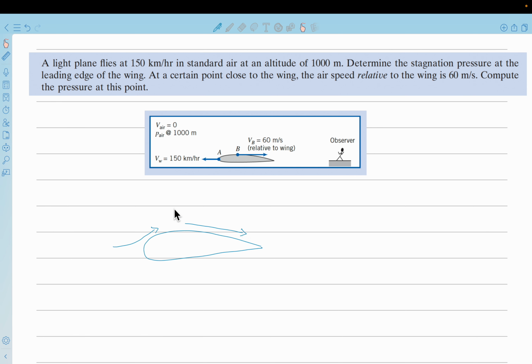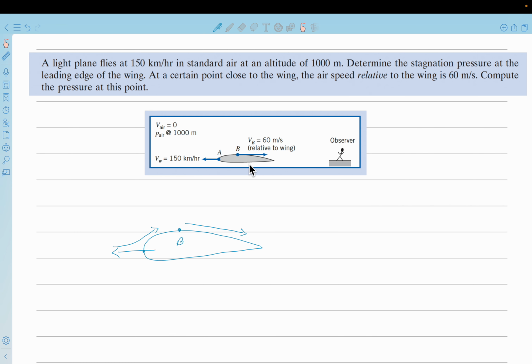So at some point B, you are given the speed relative to the wing, and you are also given the speed with which this wing itself is moving forward. Now how do we solve this question?